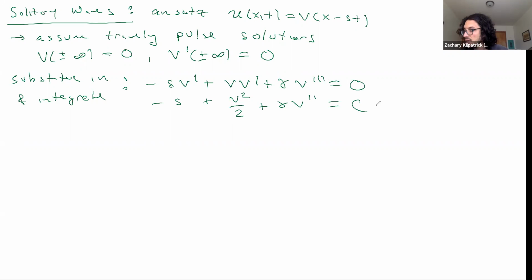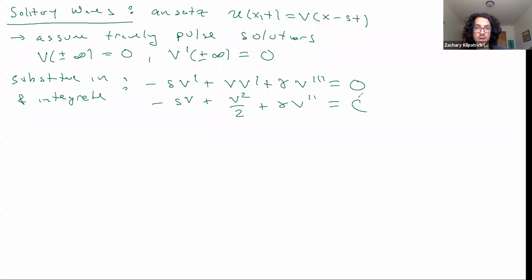But I can take the limit of this at positive or negative infinity, right? These terms should go to 0, and I would get gamma V double prime equals some constant out at infinity.